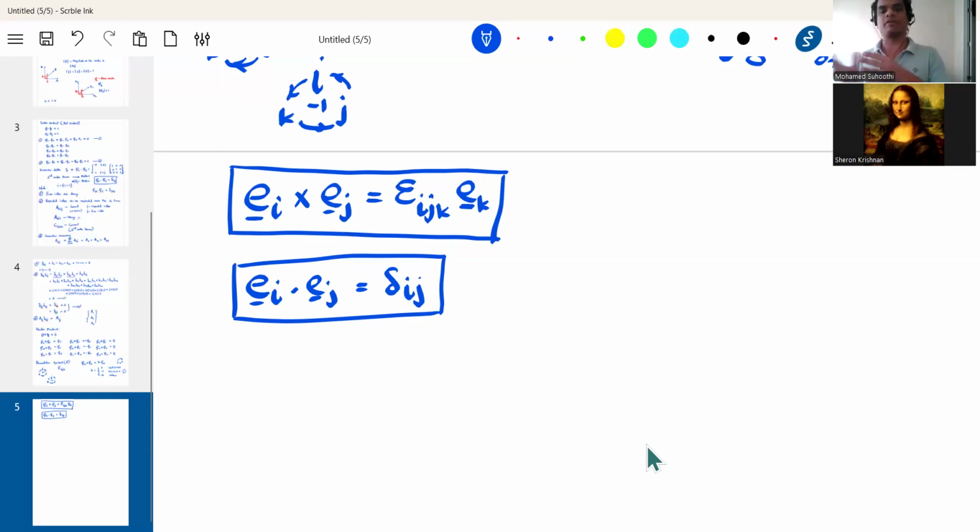Now we will expand our discussion further: for any vector, not just a base vector, how can you define it? Then how can you expand this to the tensor? That's what we are going to discuss in our future videos. Okay, let me stop at this point.